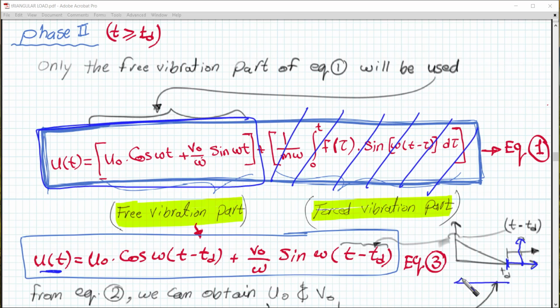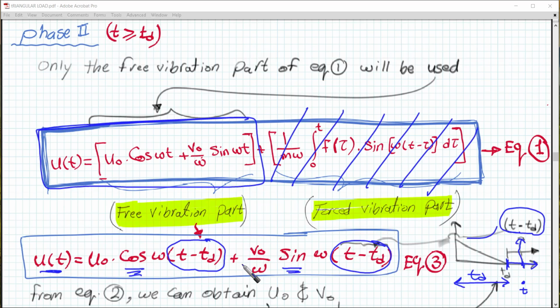Because from here to here, this is TD, and at any point here, which is t, it is going to be t minus TD. Then whatever is inside the sinusoidal function, whether sine or cosine, instead of using t, it is going to be exactly t minus TD. So now we understand why we put this t minus TD.